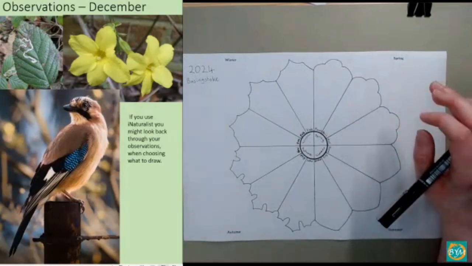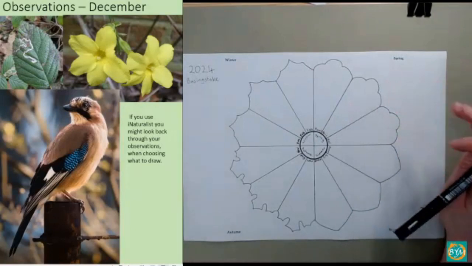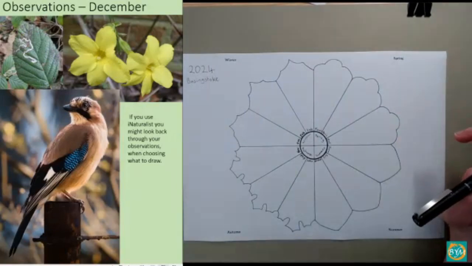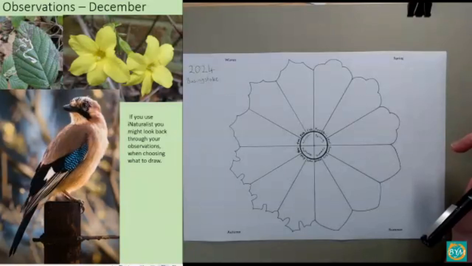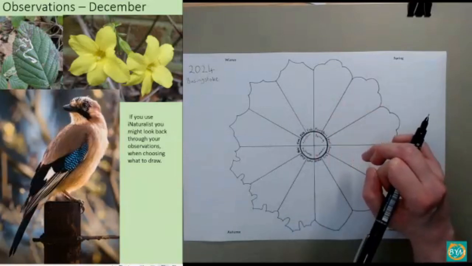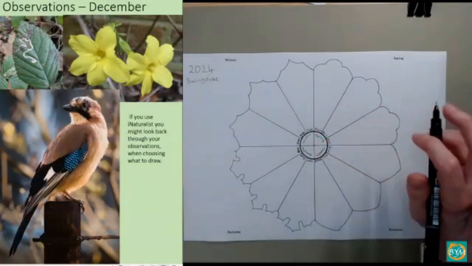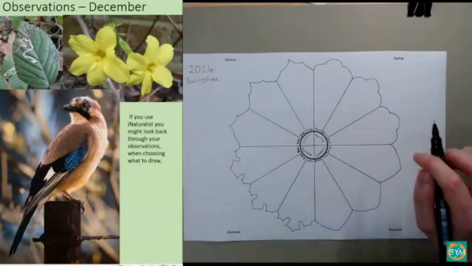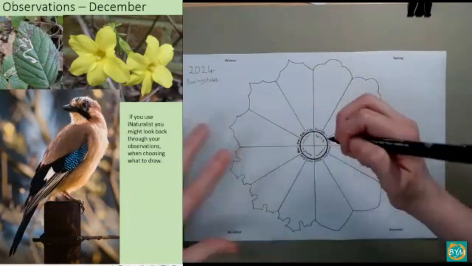If you use anything like iNaturalist, where you put your photographs, you can look back through that, and it's quite useful because you have the dates and the places recorded as well. So it makes it a little bit easier to find something interesting from each month, because sometimes if we're thinking back, by the way, what did I see in January? I'm not sure. So have a little think through what you might want to record.